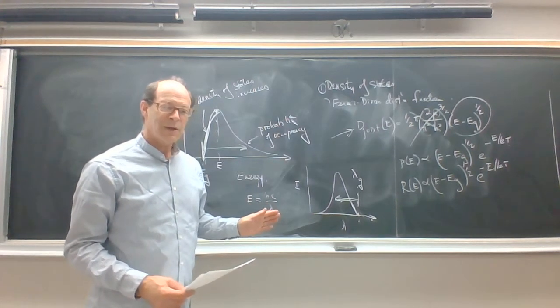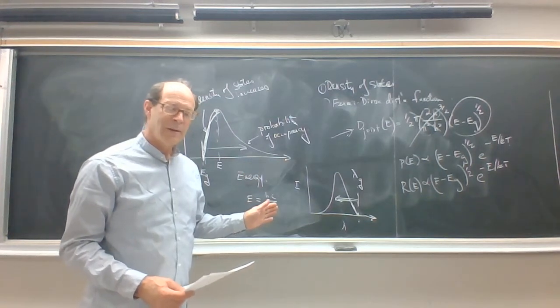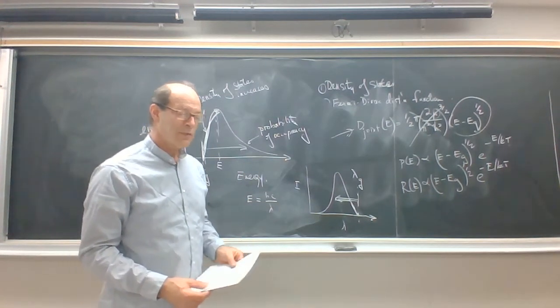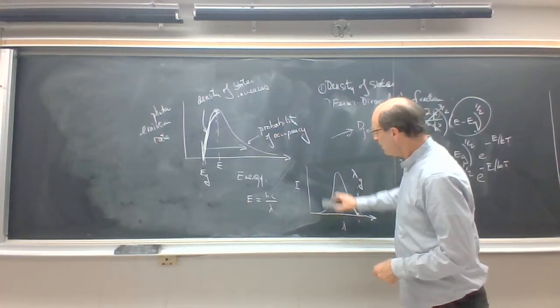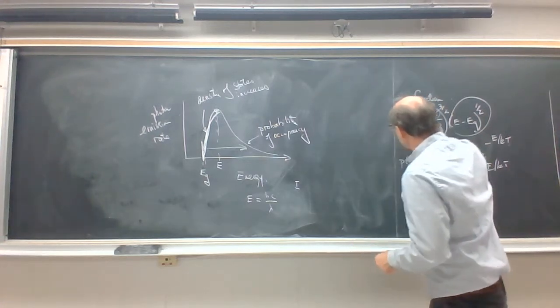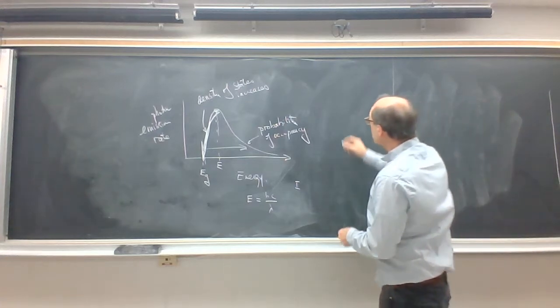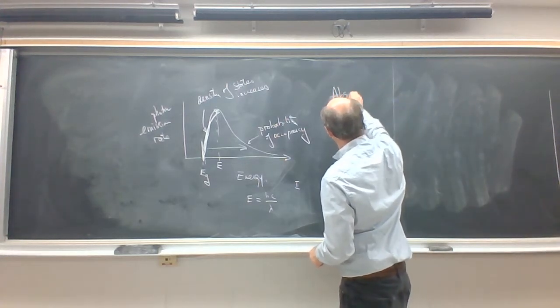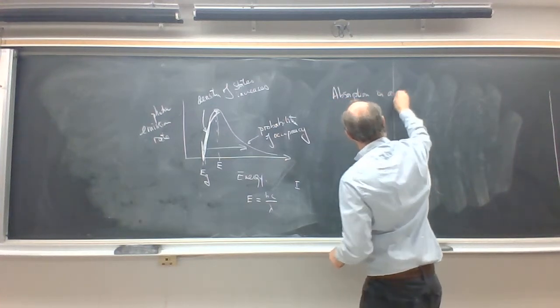There's one other extension I'd like to make here, which is for a solar cell. We discussed solar cells fairly briefly, and we discussed the fact that a solar cell absorbs radiation. So absorption in a solar cell.